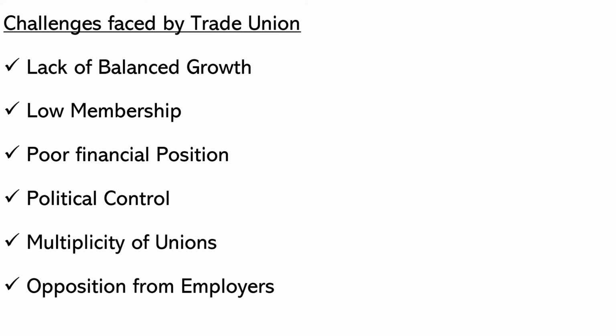All these unions were associated with some kind of political parties, and their influence was also there. Multiplicity of unions. This means that within the same sector there were a lot of unions, and demands got split. Within the same industry there were unions, and they had some inter-union conflict also. That was also one of the problems faced by trade unions.